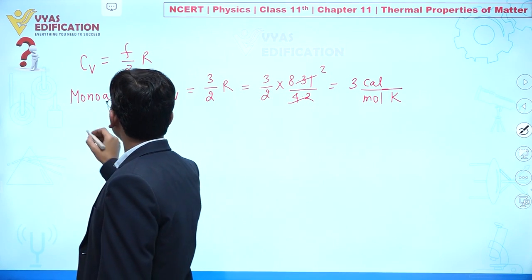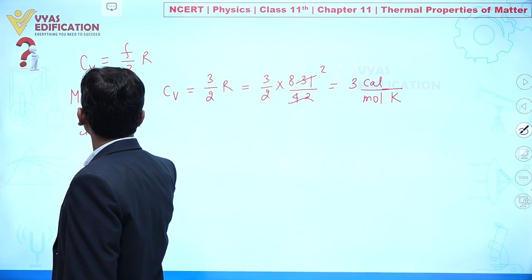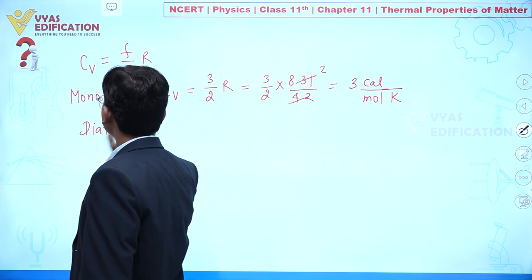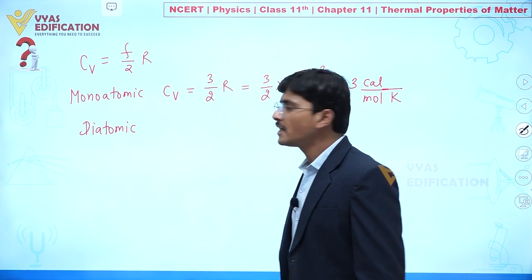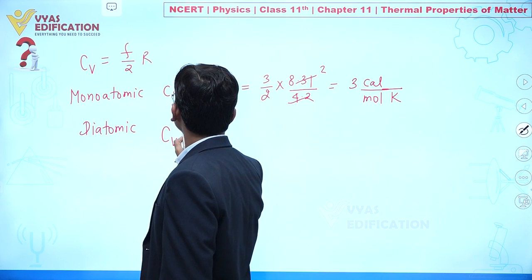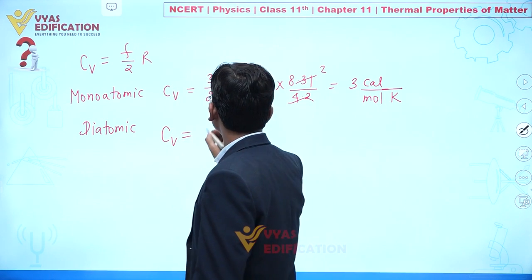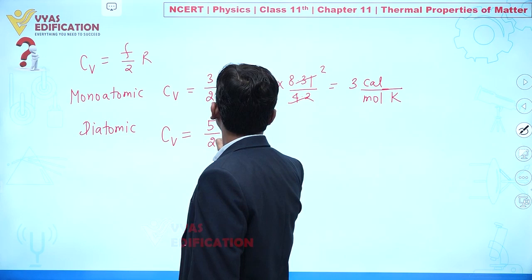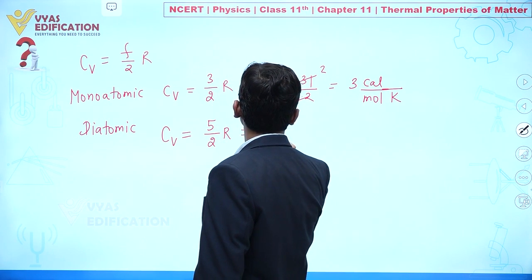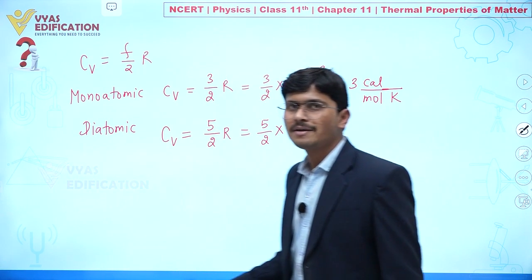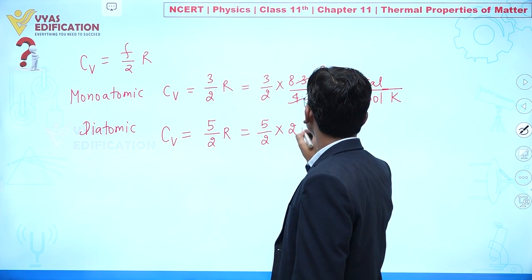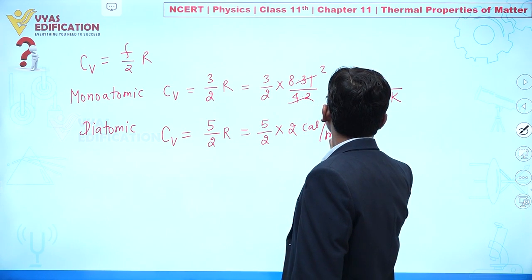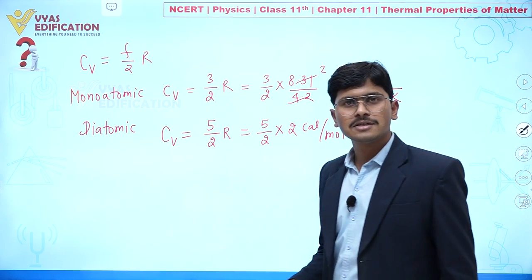But what about diatomic gases? For diatomic gases, the value of specific heat at constant volume is given by 5 by 2 multiplied by R. R is directly 2 calorie per mole per Kelvin, or per degree Celsius, it is the same.